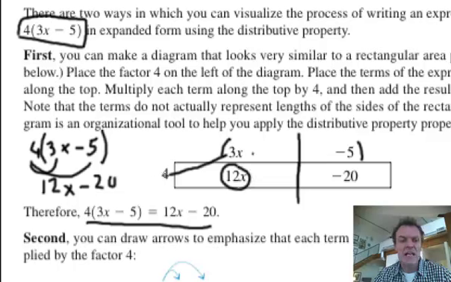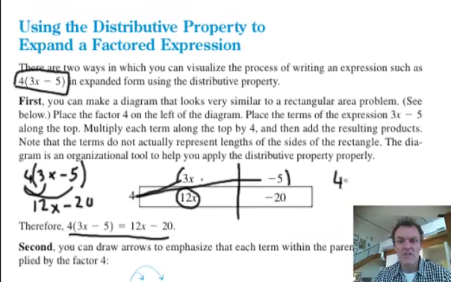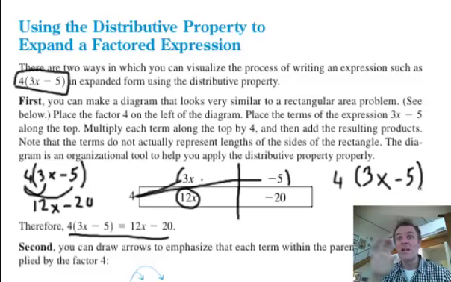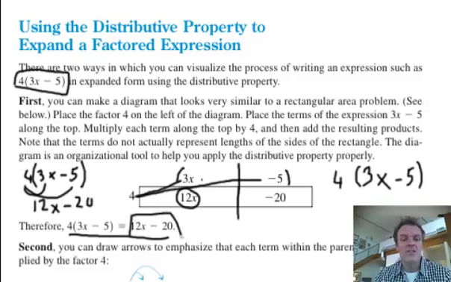This little bit, again length times width, is just the area of a rectangle: 4 times negative 5 is negative 20. If you put it together as one big thing, the whole way along the top, one long piece, you'd still get 12x minus 20. So even if you break it into 2 little bits, it works.